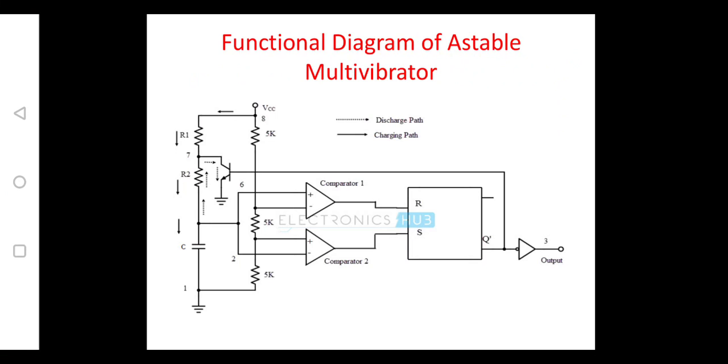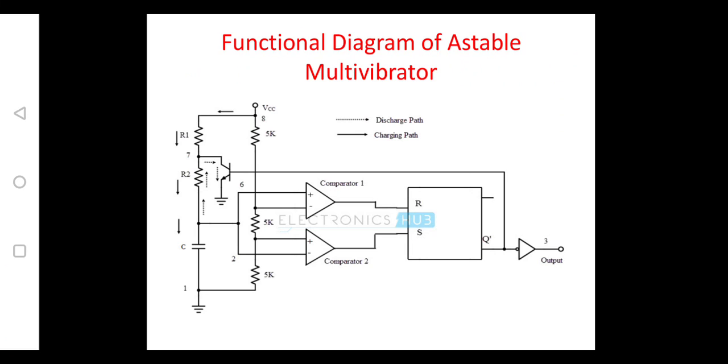If Q bar is equivalent to 1, the transistor will be in the on state and the capacitor now starts charging through R1 and R2.